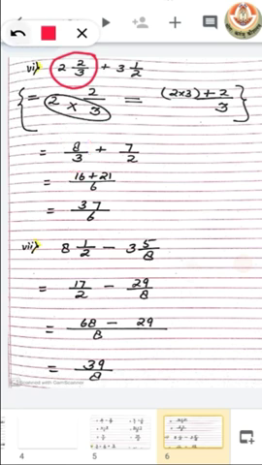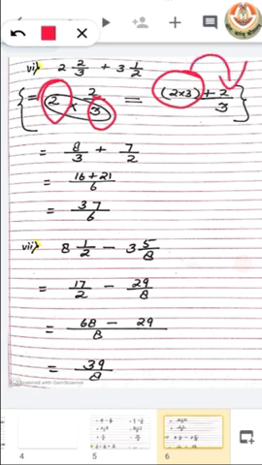So for this, as we had discussed, first we have to multiply the denominator with the whole number, and then whatever the answer of their multiplication, we have to add that answer with the numerator.